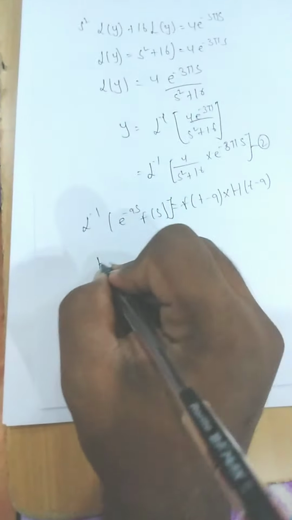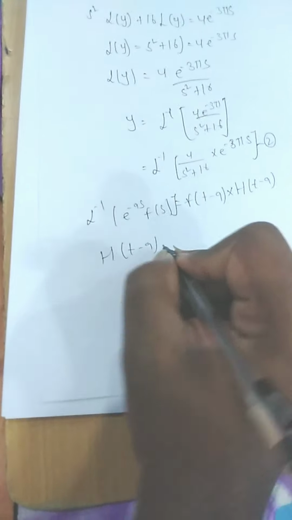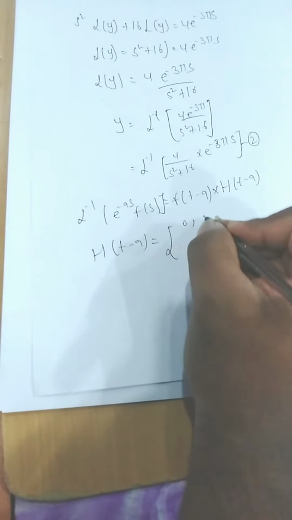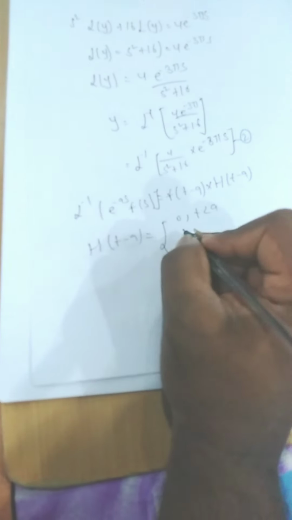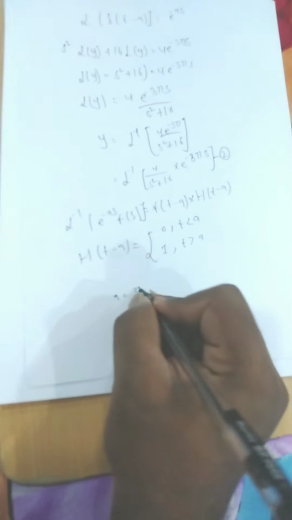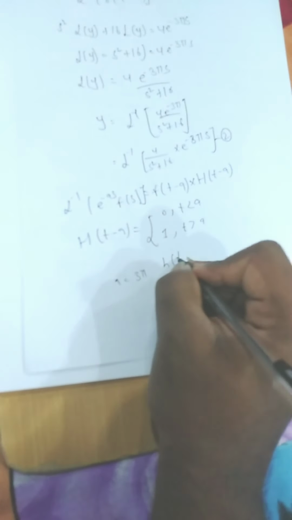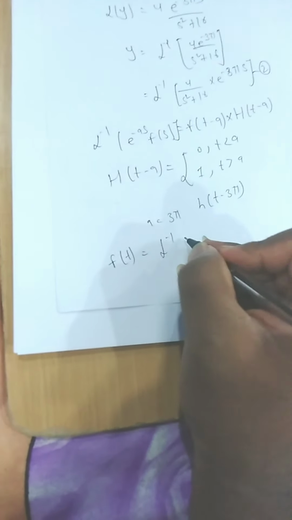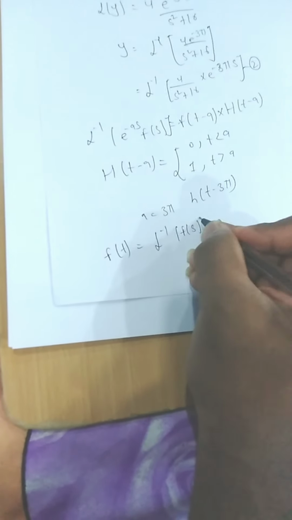We can define h of t minus a as 0 for t less than a, and 1 for t greater than a. So a is equal to 3π, then h of t minus 3π is the Heaviside function. From here f of t is equal to the Laplace inverse of F of s.